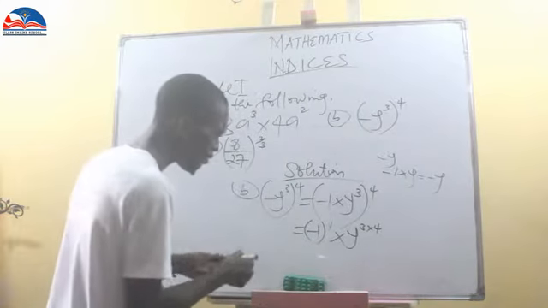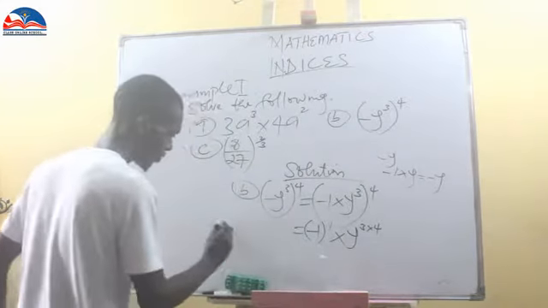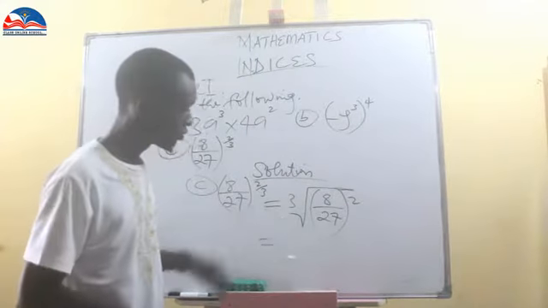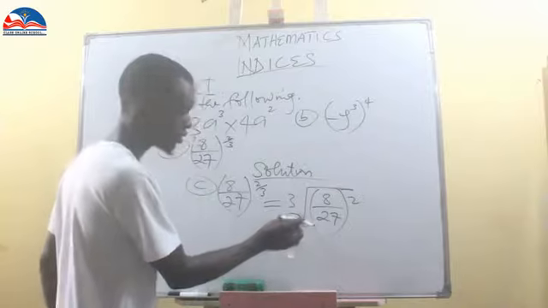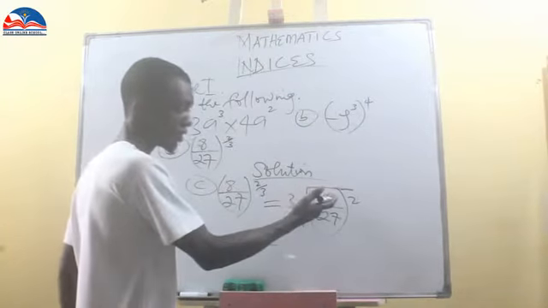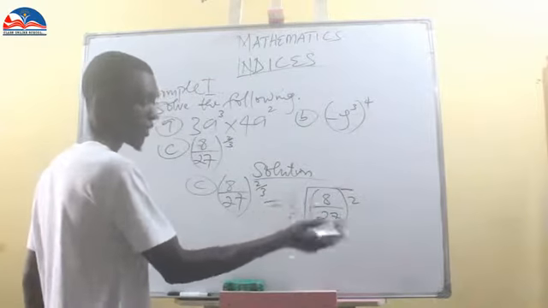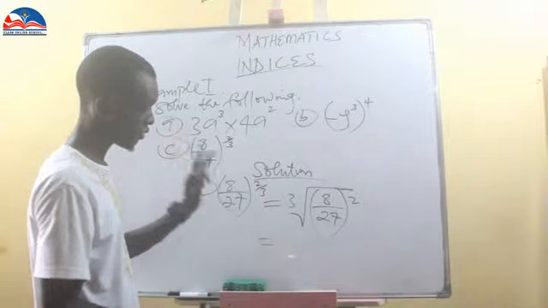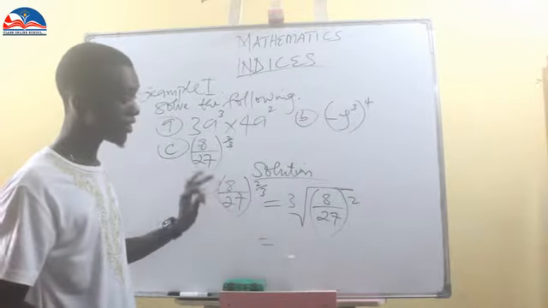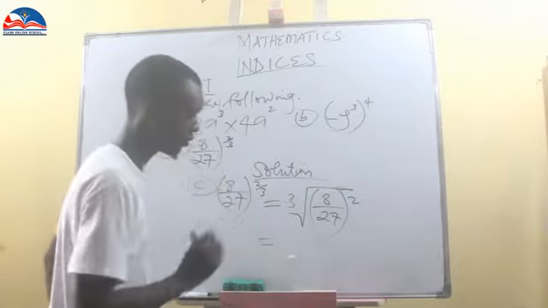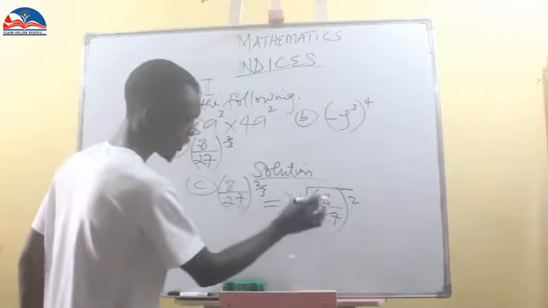Now for C, we ask ourselves what number multiplies itself 3 times to give us 8, and what number multiplies itself 3 times to give us 27. This question is coming from the sixth law.